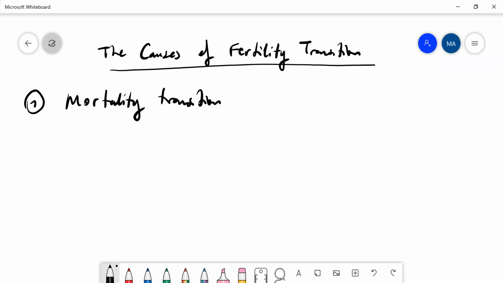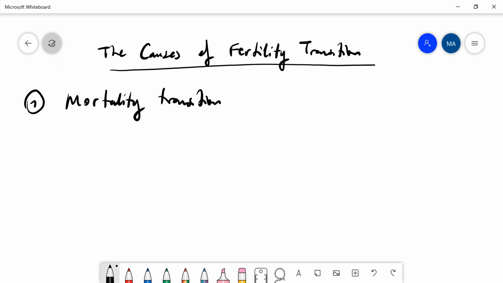So if two babies are born, the probability that one of them survives to adulthood is just 1/2. On average, if you want 2 kids, you must have at least 4 births, right? Because there's a high likelihood that 2 of them will survive.